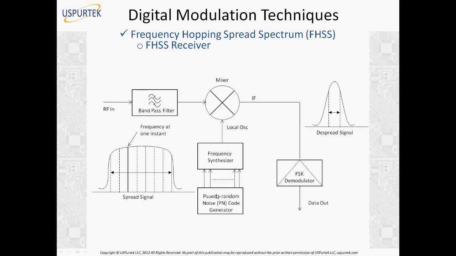Since we are not maintaining phase between the frequencies, because that is a tough challenge to achieve, the frequency synthesizers cannot maintain phase when they are hopping from one frequency to another. So that is why we cannot use QAM. We don't know at what phase angle the new frequency will be starting. We are stopping one frequency and starting another at a different angle. So that is the reason we cannot use QAM.